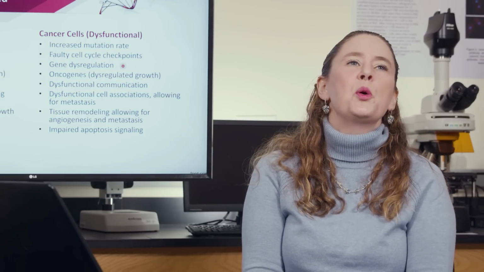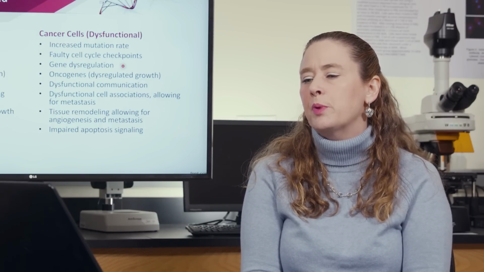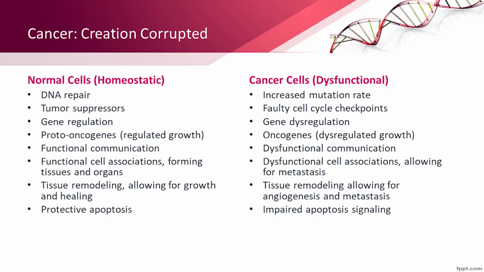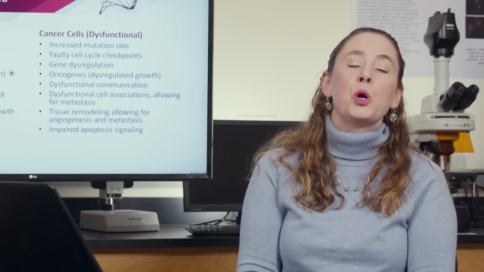There's so many things going on that it gets more specific than that, but you have a lot of gene dysregulation. One specific example of gene dysregulation is in the transformation or change of proto-oncogenes into oncogenes. So let's break those words down for a second. A proto-oncogene is a normal, happy, regulated growth gene.